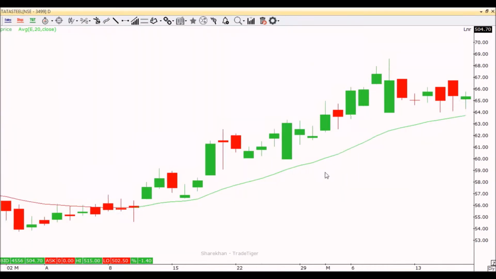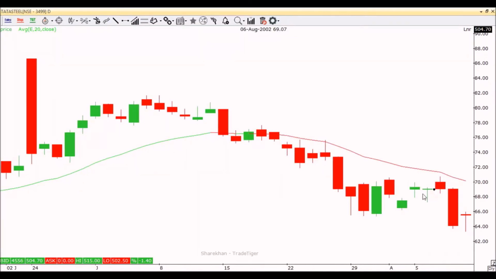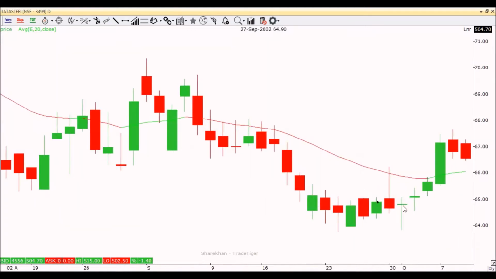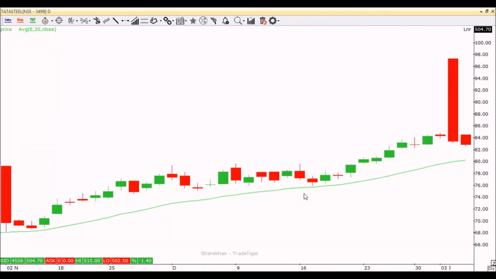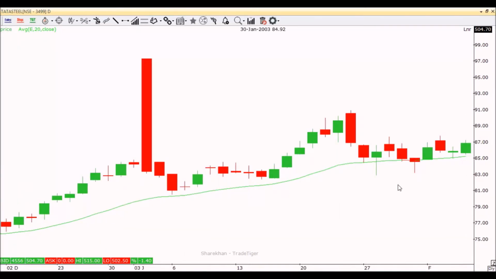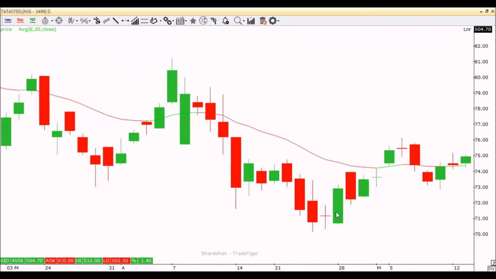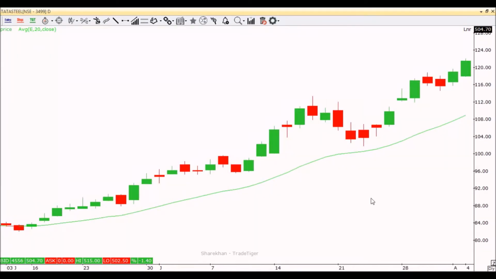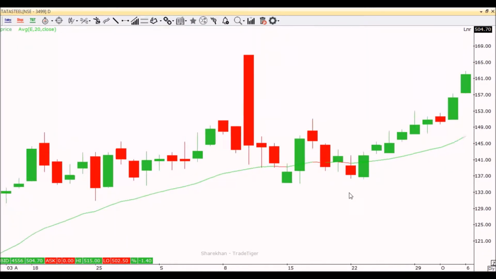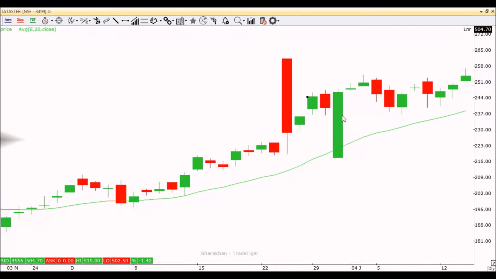Here the shooting star and the hanging man are bearish reversal patterns, but I want to make clear that only the hammer and the shooting star are important among the bullish and bearish reversal patterns, though we discussed all four candles. It is very much subjective when we talk about candlestick patterns. Sometimes the patterns work in a market, and sometimes they don't.